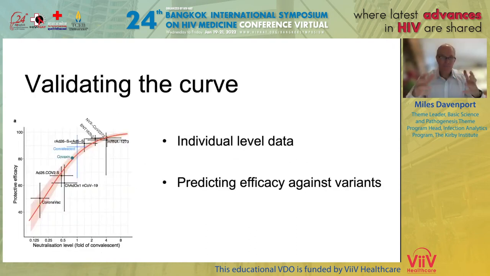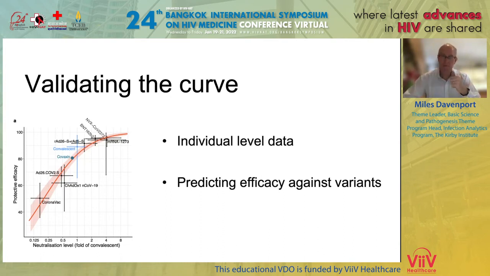So how do we go about validating the curve? Well, recently we've looked at how this data, which I'll call the vaccine comparison data, where we compare antibody levels and efficacy across different vaccines, works at the individual level using the flu approach of looking at antibody levels of individuals.